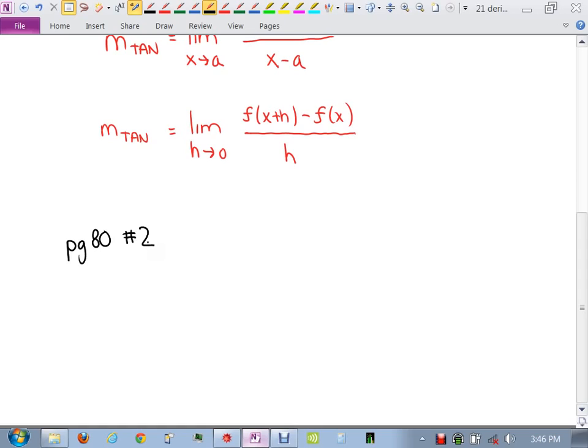It says, find the slope of the tangent line to the curve y equals x minus x cubed at the point 1, 0. And it says to do it using both methods, basically, both equations. And all we want is the slope of the tangent line. So find m tan.